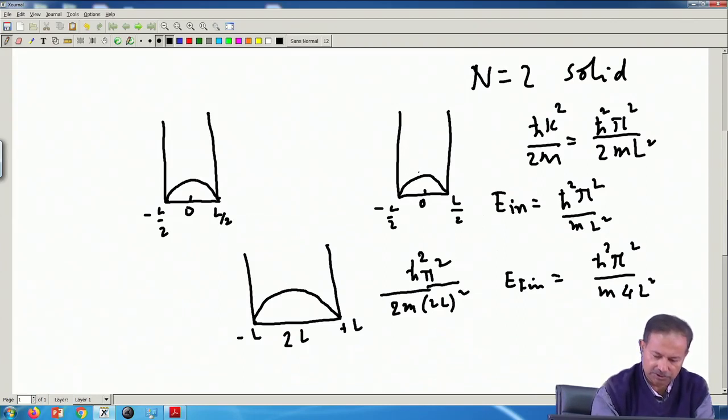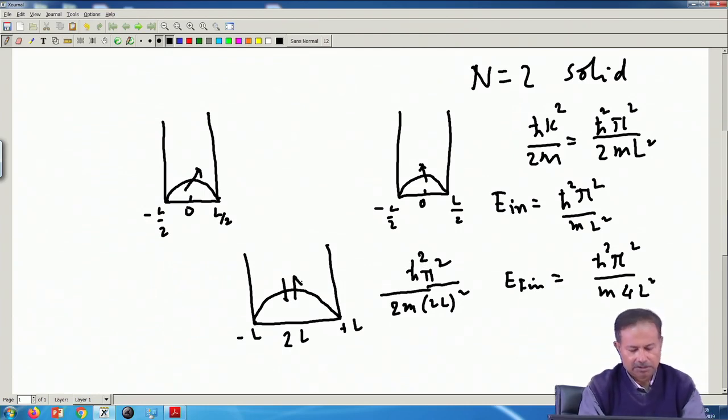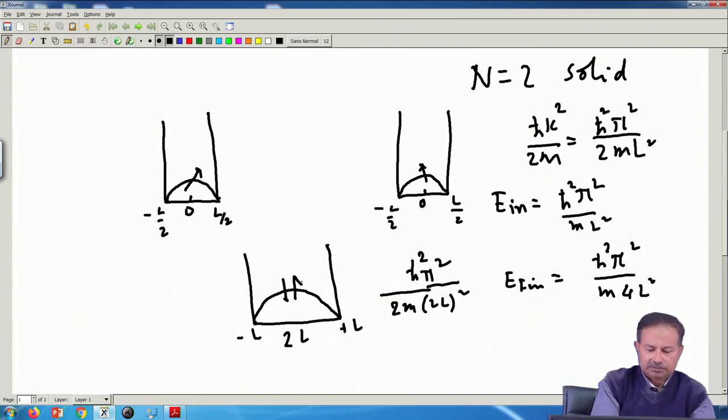So, individually earlier the 2 electrons were here, and they could be along any direction. Now the electrons of course have to form a singlet because they are in the same orbital, and the orbital is a symmetric orbital. So, the spin function has to be antisymmetric. These are things we learned in our quantum mechanics, that a 2-particle fermionic wave function has to be antisymmetric.